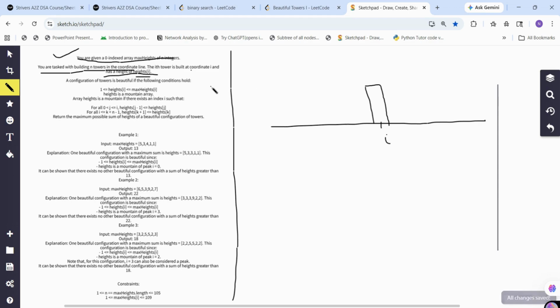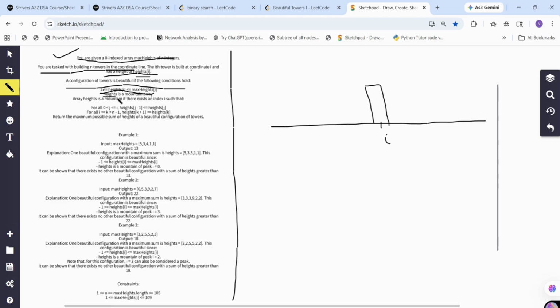In this problem I will also be given a maxHeights array, but that maxHeights and this heights are different. A configuration of towers is beautiful if the following conditions hold: heights[i] is greater than or equal to 1 and less than or equal to maxHeights[i].